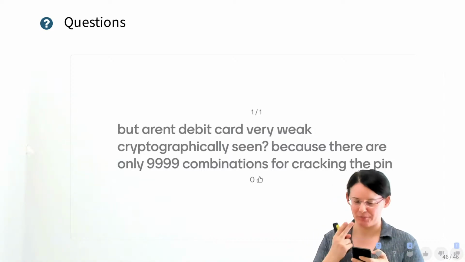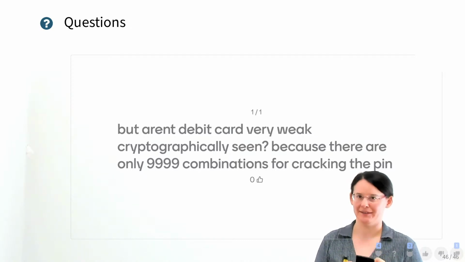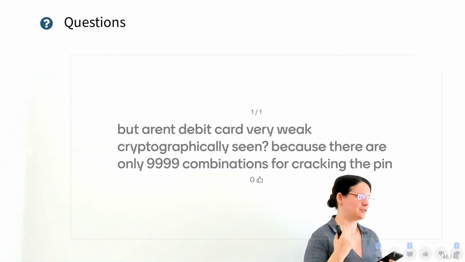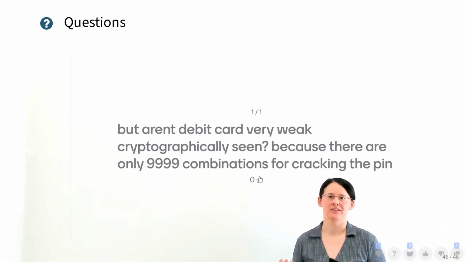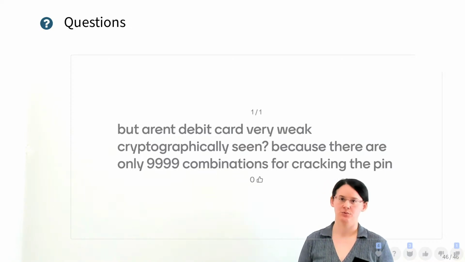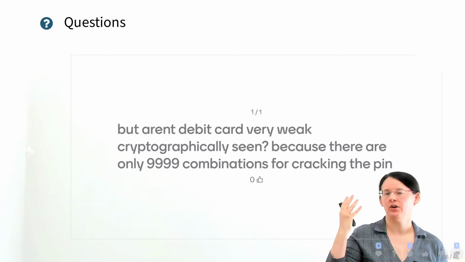So somebody is talking more about credit cards and debit cards, because there are only so few options for cracking the PIN. That's another example for a case where there is a flaw in the system, like there are only 9999 possible combinations for your 4-digit PIN. However, they also have a mechanism to compensate, because you need to do all of these tries online.